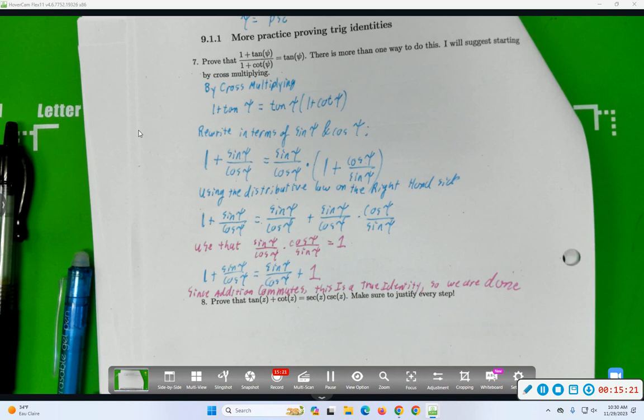Oh, yeah. Yeah, so let's do that. So what you had was, and I think the common denominator should be cosine times sine.